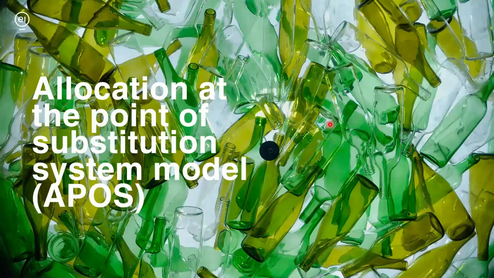So here, let me first summarize that the allocation cutoff that we looked at right now was the system model that promotes the use of recyclable materials, does not really promote the production of materials that can be reused, since there is no credit for producing a valuable material. And we look at an attributional system model at the here and now.